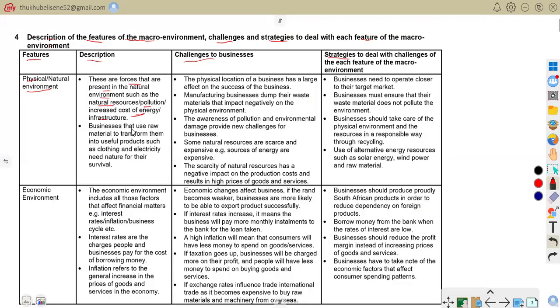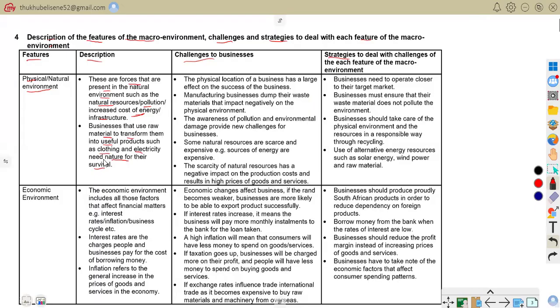It also is a business that uses raw materials to transform them into useful products, such as coffee, electricity, and needs nature for its survival. They need what? Nature for their survival. So it means nature provides inputs like plants, minerals, water. That is that. For example, clothing companies need cotton. That is what we are saying. They need nature for their survival.